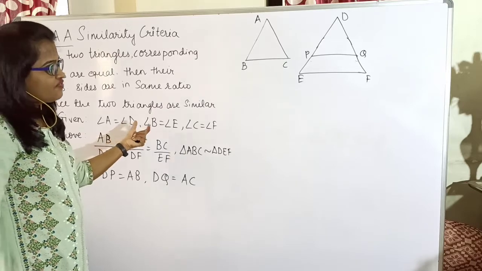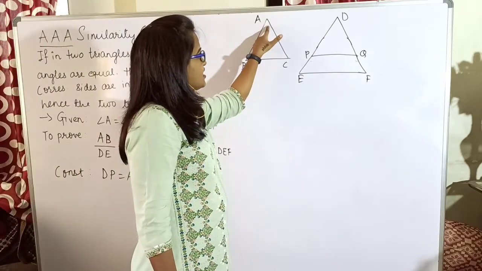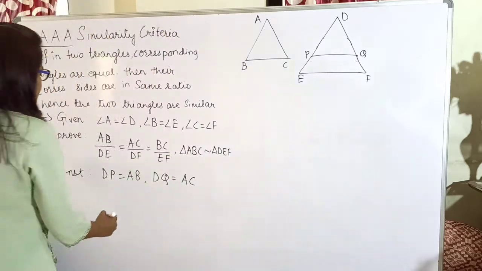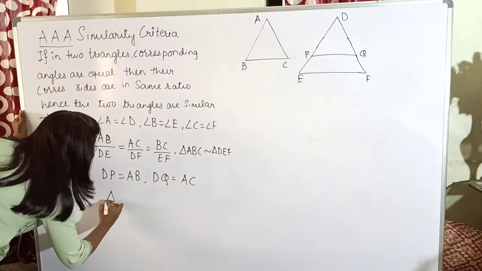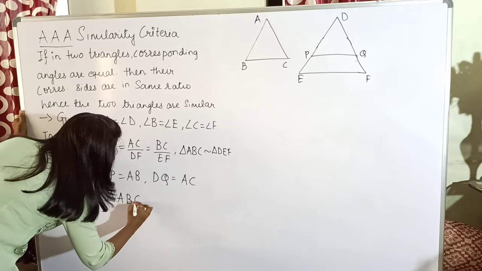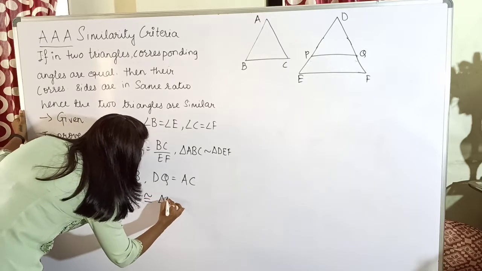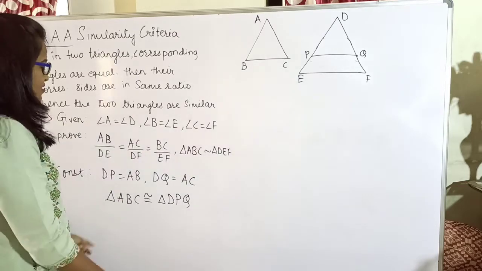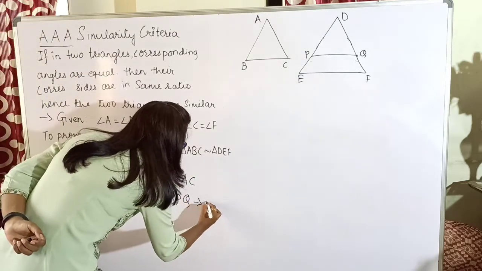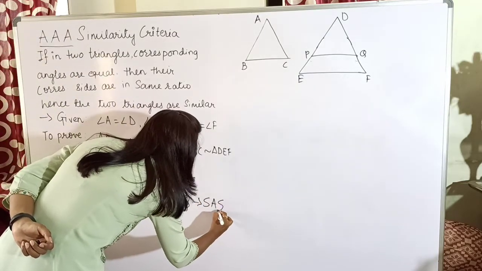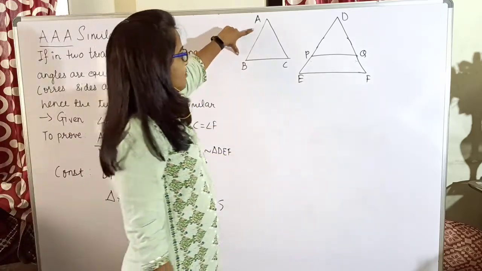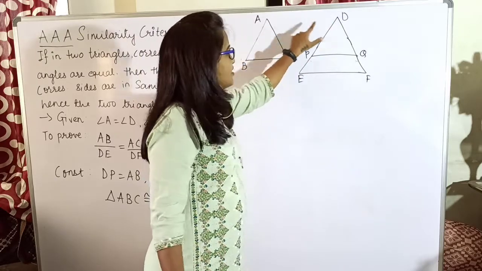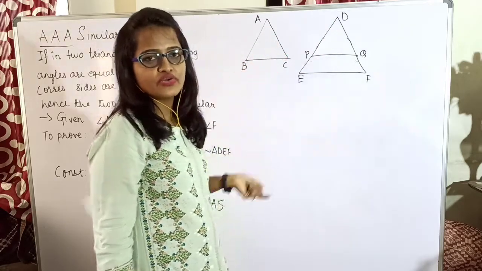So if two sides and the included angle are equal, can I say that triangle ABC is congruent to triangle DPQ? Why? By SAS congruency. AB equal to DP, AC equal to DQ, angle A equal to angle D. Two sides and included angle.